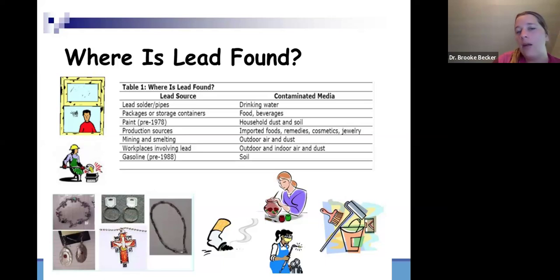And then, of course, paint and gasoline prior to 1988. So the gasoline piece should no longer be a factor, but leaded gasoline used to be a thing. And it definitely decreased IQs and increased the risk for lead.